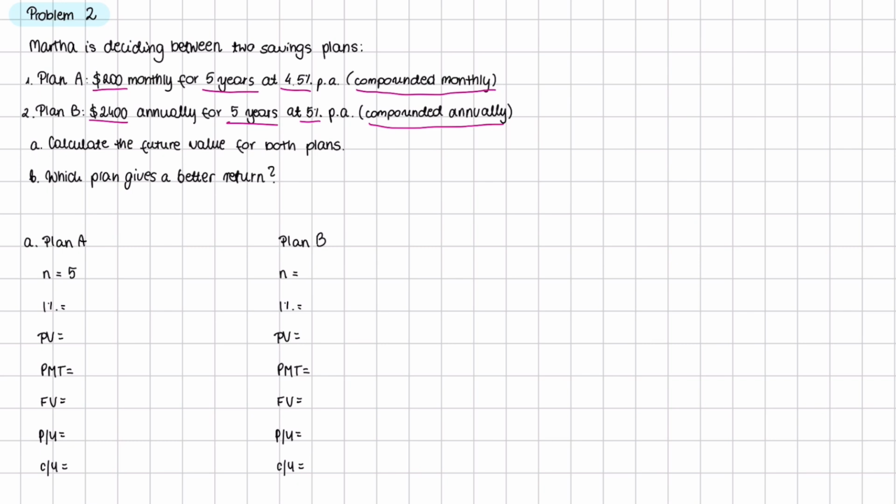So we also have to include this information, and compounded monthly means that we have to multiply our 5 by 12 months, and we can also write it here 12 and here 12.